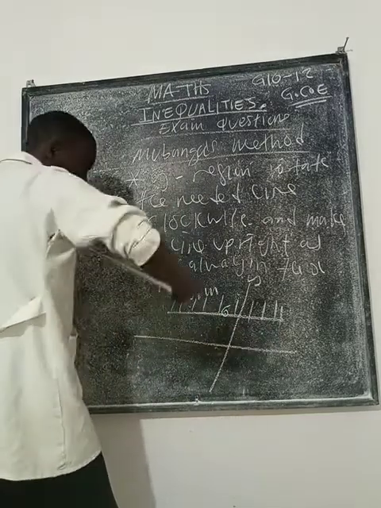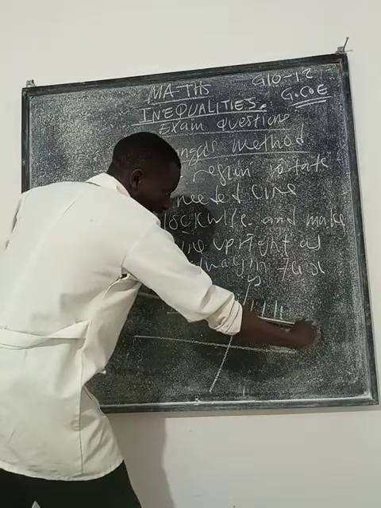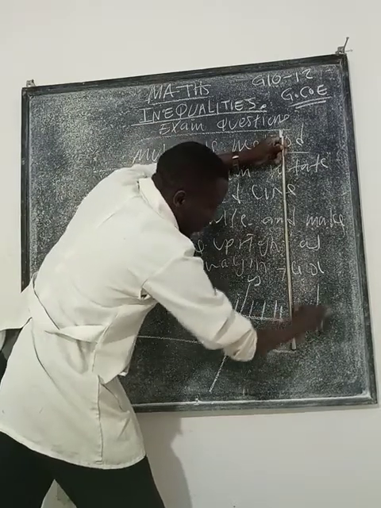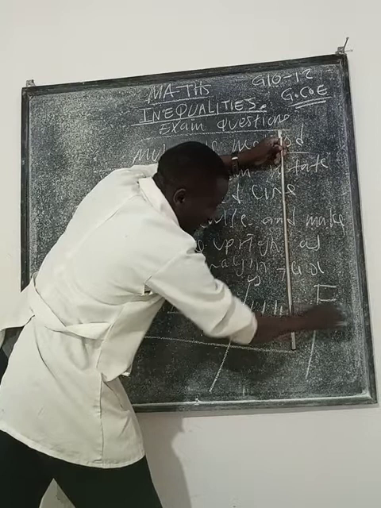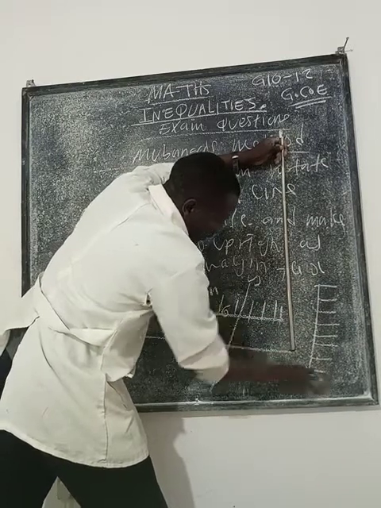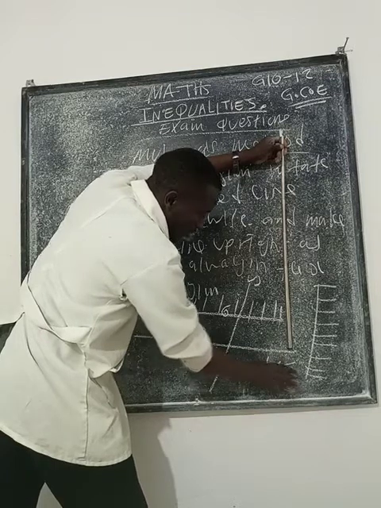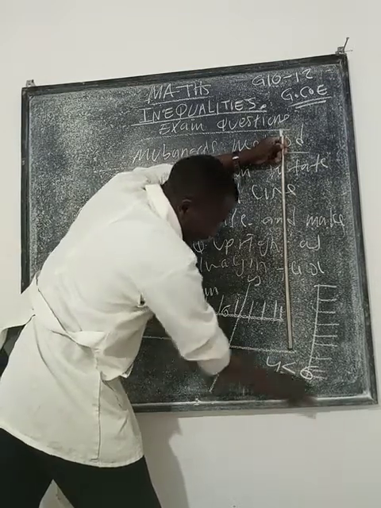Okay. So this line, let's rotate it clockwise. If I rotate it, it becomes like this. Even the shading will face this side. So my inequality will be Y is less or equal to 6. Done.